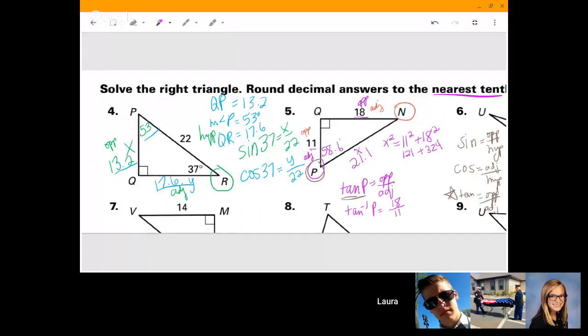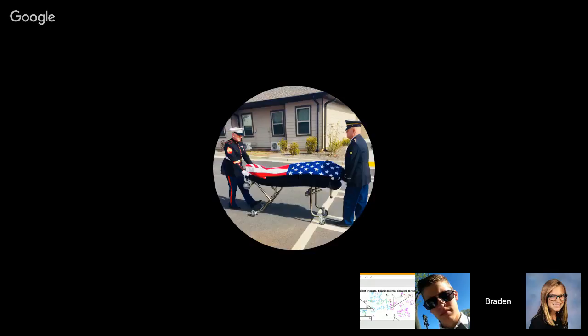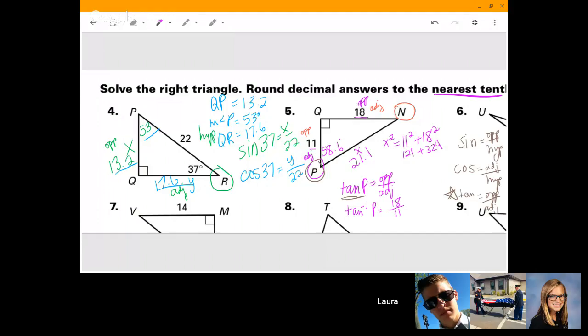To get angle N, you have two options. One of them, we've labeled in red how you could do something using inverse trig, which is what I'm going to do because it's new and I want us to practice it. But what's another way you could find angle N? That'd be sine.